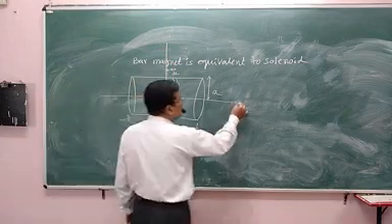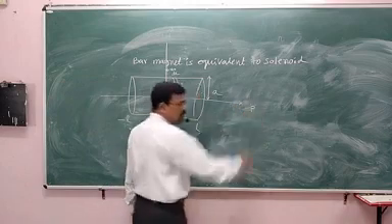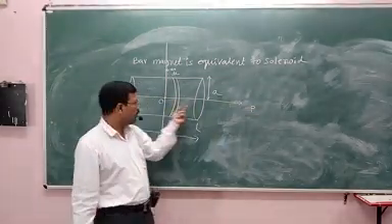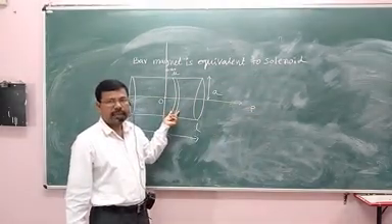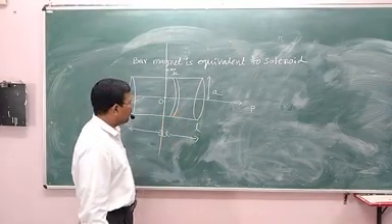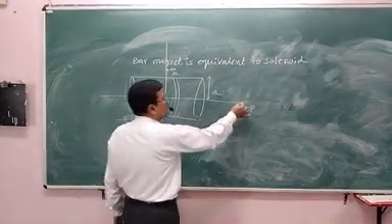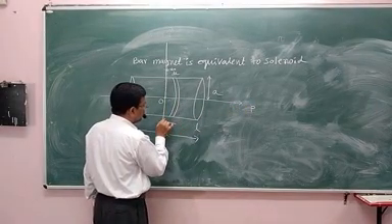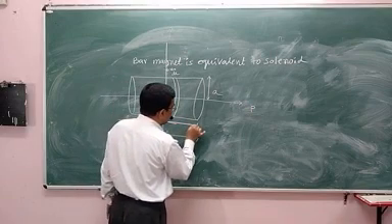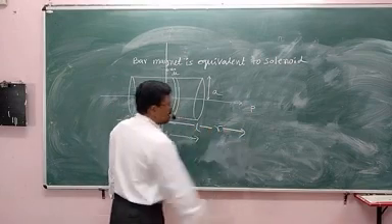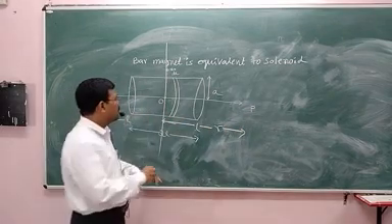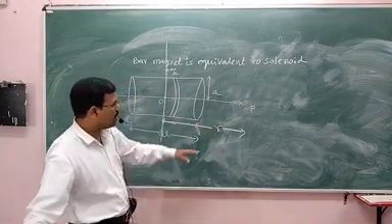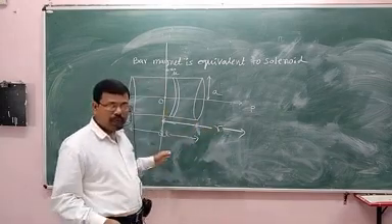And here, let me consider a point P where I wish to calculate the magnetic field produced by this current element dx. Fine. Now this point P is located at a distance of r from the equatorial line.